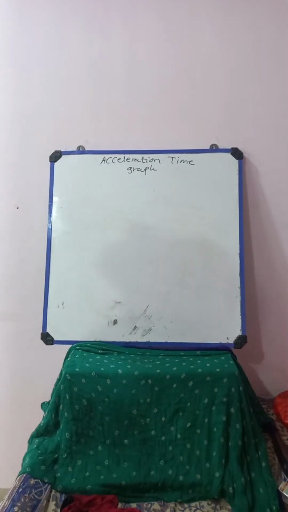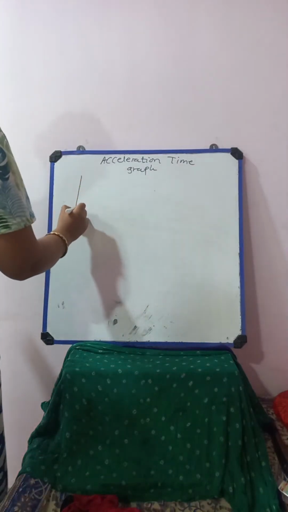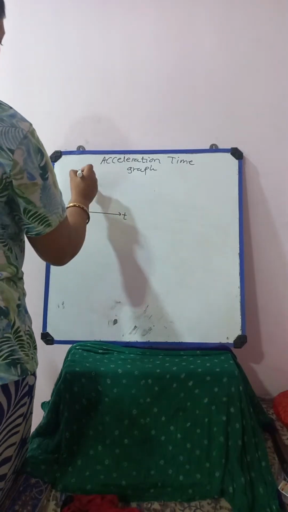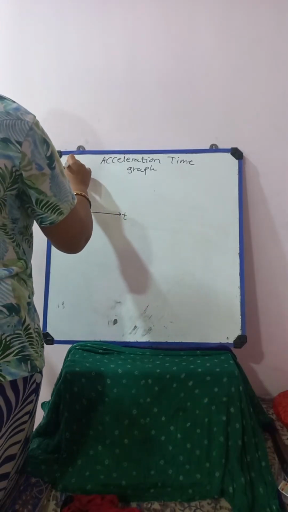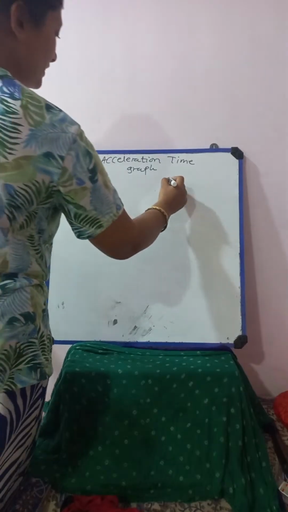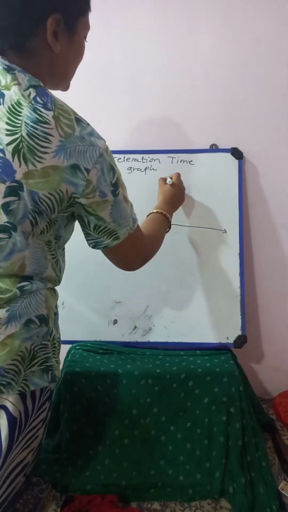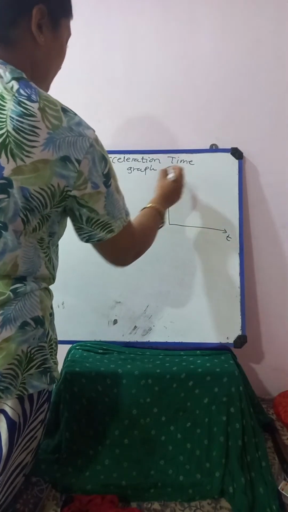So acceleration time graphs are also there. Here we have only three graphs under acceleration and time. Always remember, on the x-axis we are taking t, and on the y-axis we are taking acceleration. Only three graphs we have here.